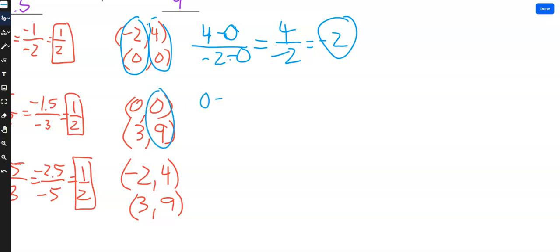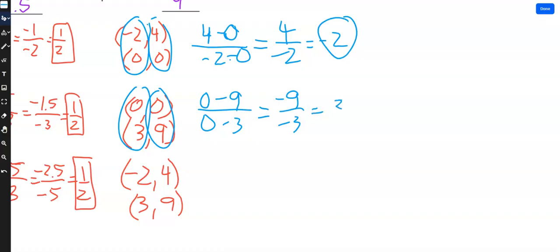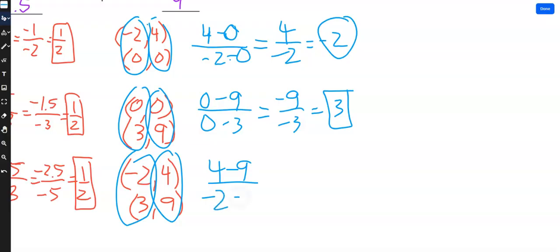Here we have 0 minus 9 over 0 minus 3, which is -9 over -3, which is +3. Ding, ding, ding. See, these are not going to be equal to each other. And then now here we got 4 minus 9 over -2 minus 3, and we get -5 over -5, which is +1. So right there, we see that these are not the same.